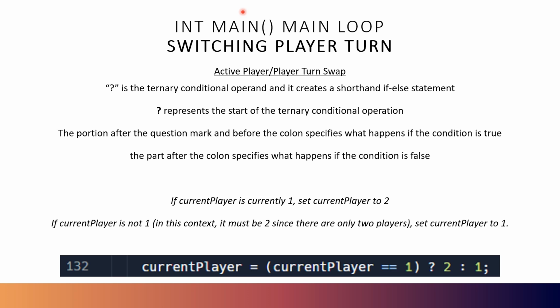The question mark represents the start of the ternary conditional operation. The part after the question mark and before the colon specifies what happens if the condition is true. And the part after the colon specifies what happens if the condition is false. This is how we alternate the player's turns.